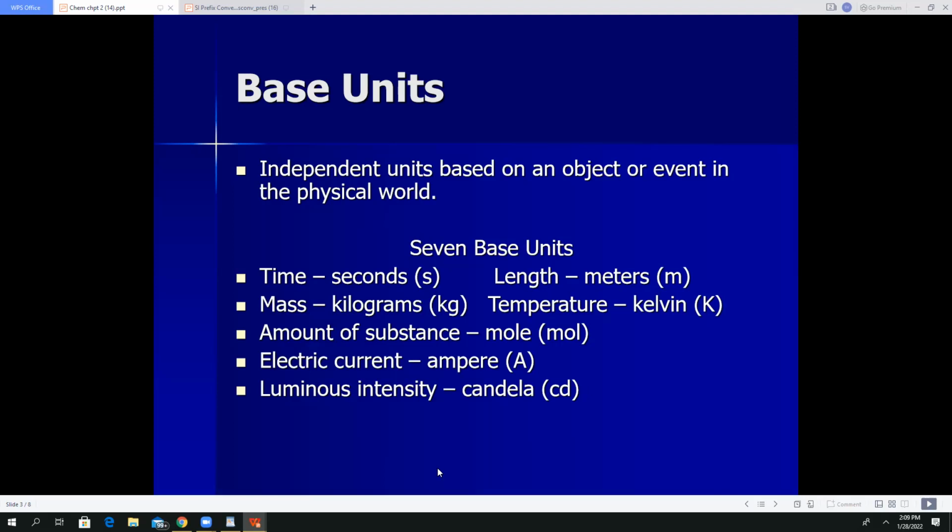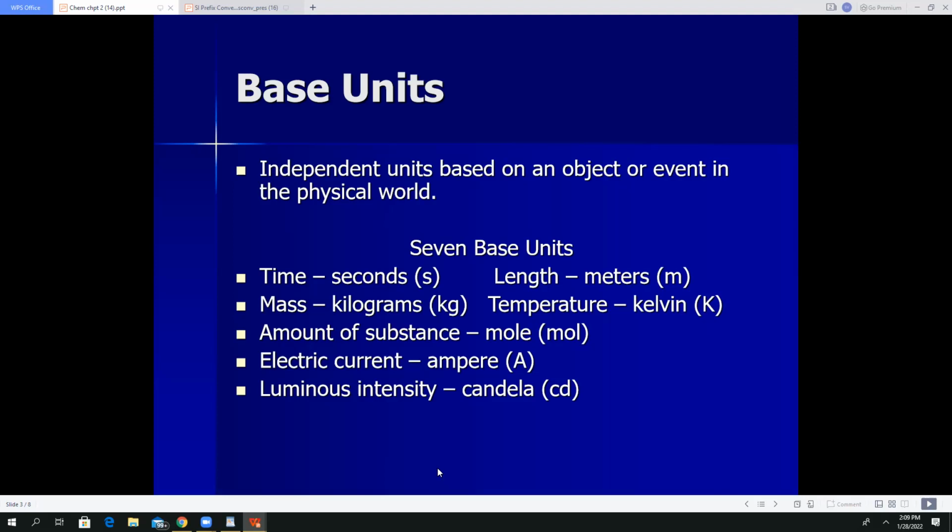The amount of substance, which is unique to us in chemistry, is the mole, and abbreviated mol. Electric current, that's in physics or engineering, it's the amp or ampere, capital A. Luminous intensity, that is how bright something shines, that is a candela, cd.